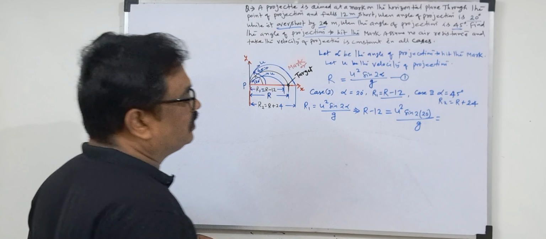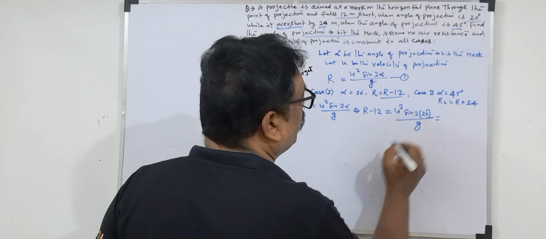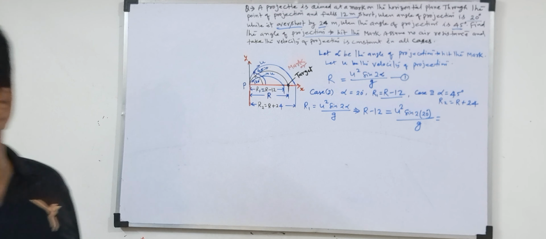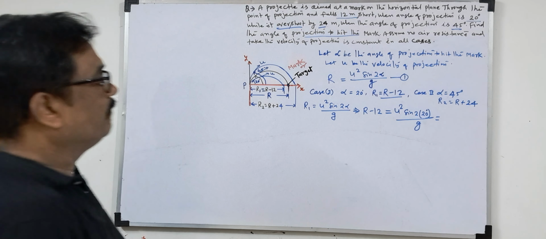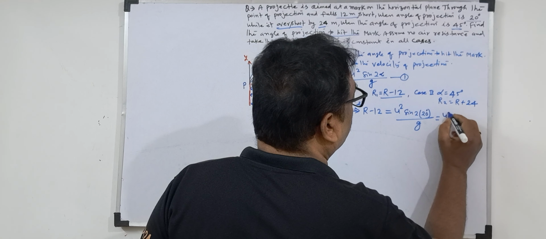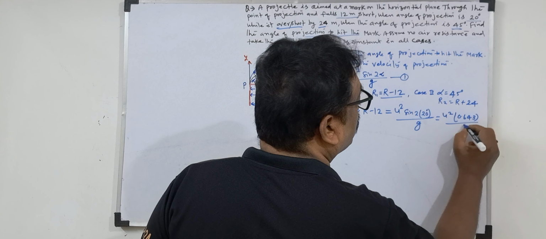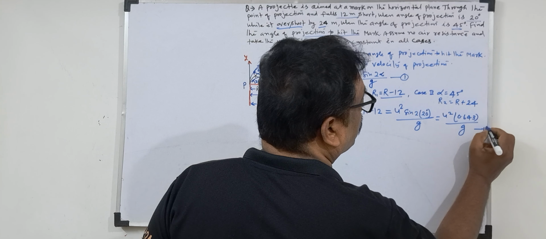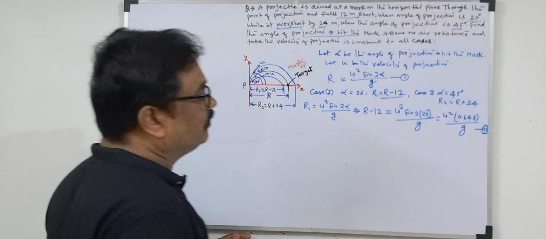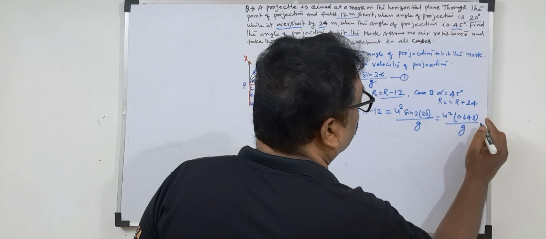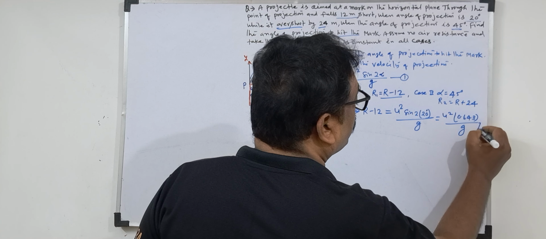If we solve, 20 degrees into 2 is 40 degrees. Sine 40 degrees value is 0.643. So we get u square times 0.643 by g. This will be equation number 2.